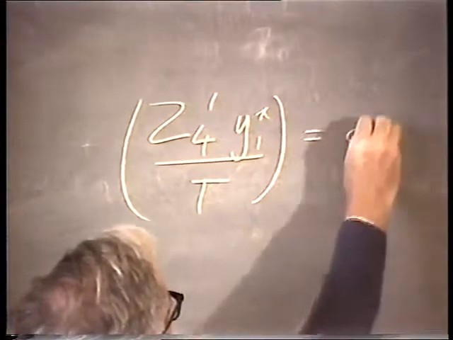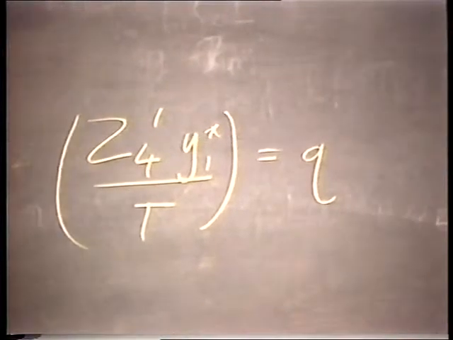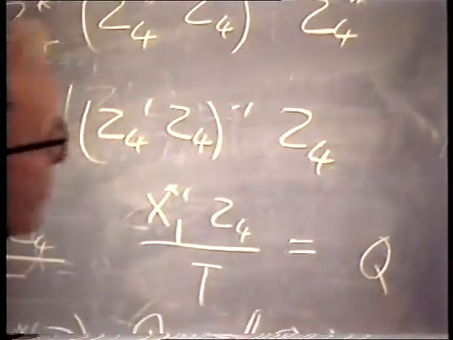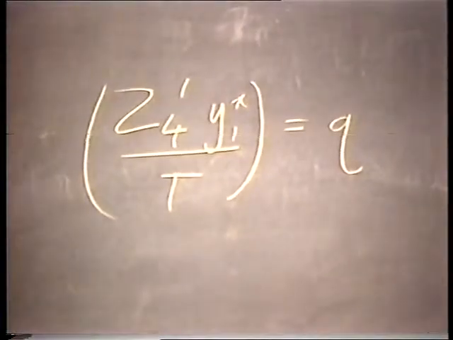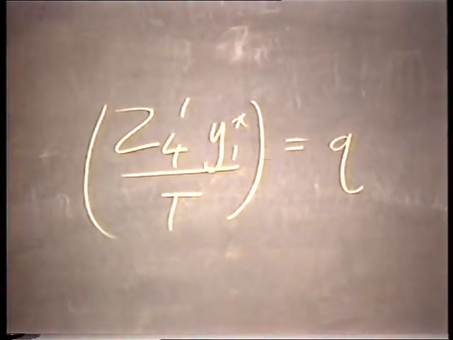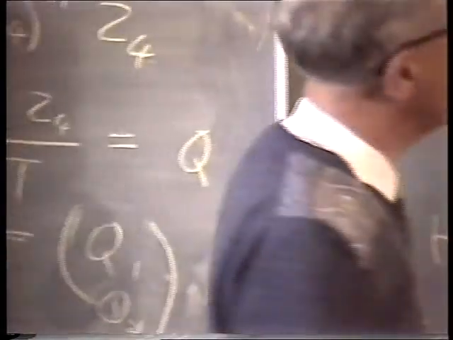Call that little q. Now that's very similar to my definition that I have here, the x1 star prime z4 upon t. The only thing is that I usually prefer myself to work with column vectors. This is just a vector, so I've turned it round, transposed it, compared with this definition of my capital Q to make it a column vector.